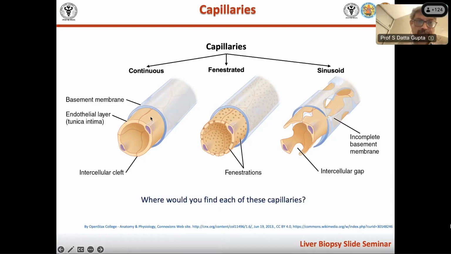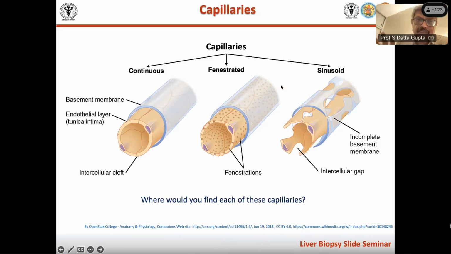Number one. Number two, the endothelial cells are very tight in continuous capillaries, whereas in fenestrated capillaries you will have small holes in them, allowing some amount of movement. But the basement membrane is there. Whereas in sinusoids, not only is the basement membrane missing in places, there are also large intercellular gaps.